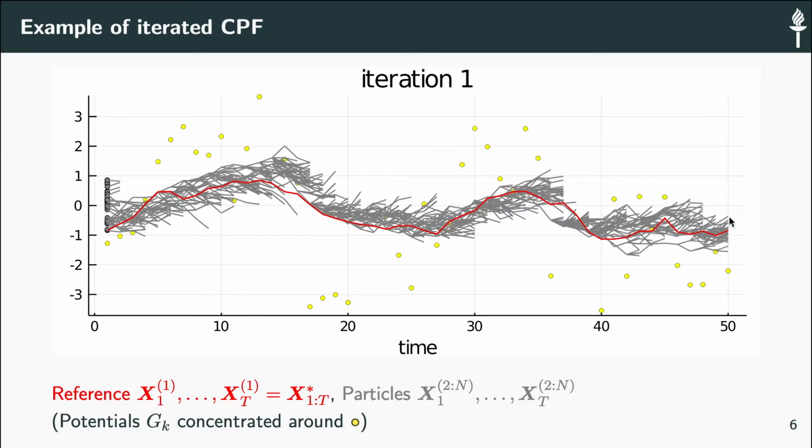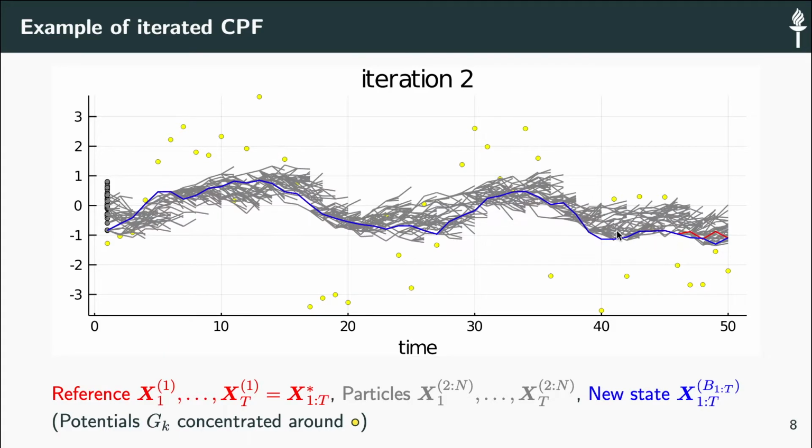You pick one of these last time instant points or particles, and then you follow the gray lines up until the beginning. And it looks like this in the example case. Because we can select from the reference trajectory, this is often what happens: the blue and the red actually have the same trajectory, or share some part of the trajectory.